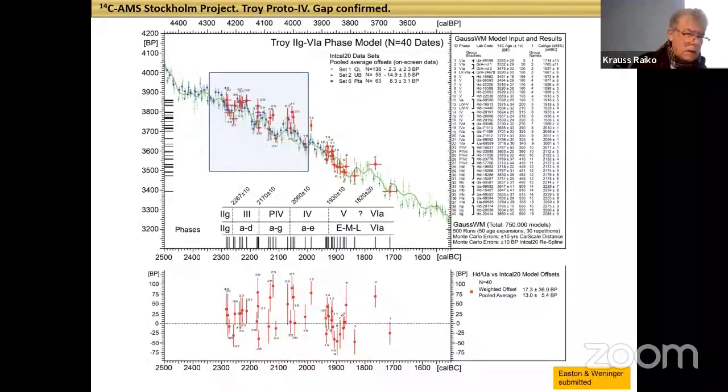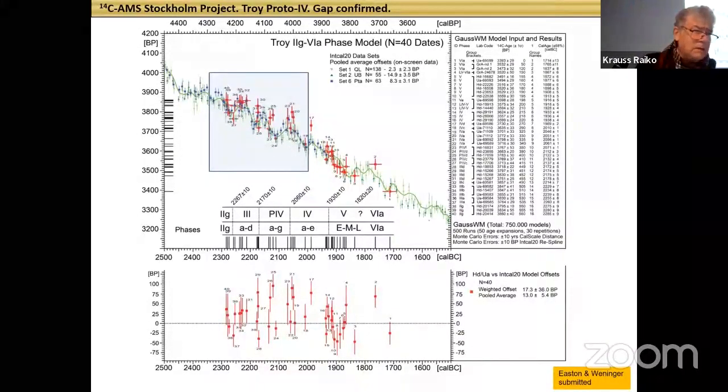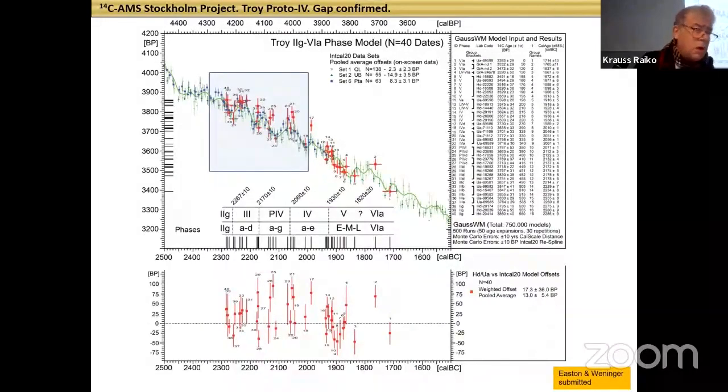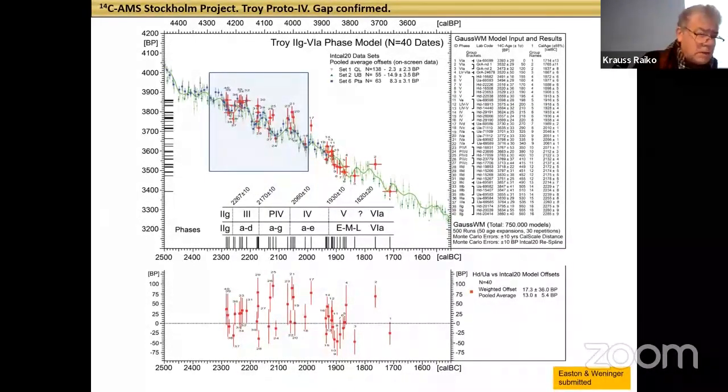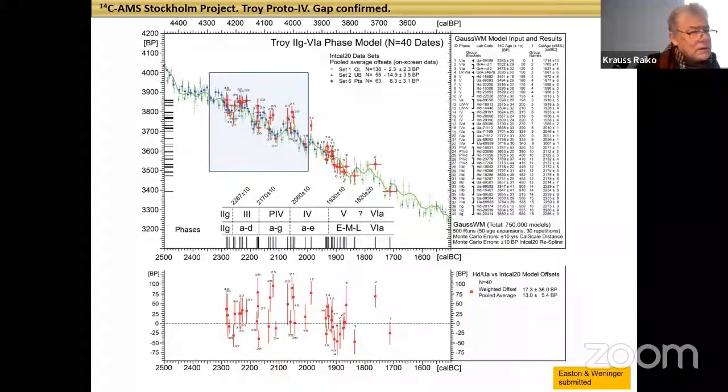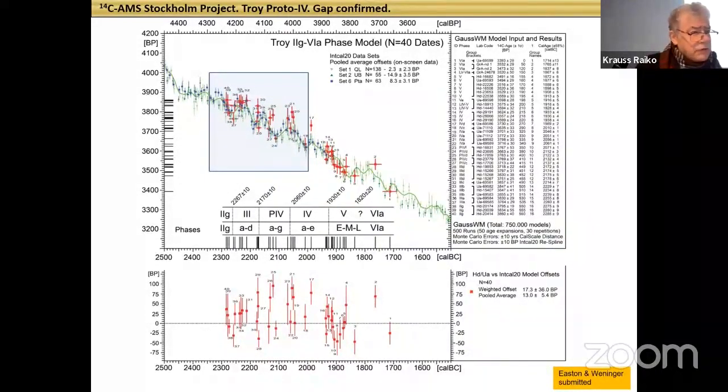We are looking very carefully nowadays at the offsets of the laboratories which participate in the calibration curve construction. It could be there are problems that we have to unify the calibration curve, not only in terms of the laboratories which are participating, but we have possible international or global differences in the contemporary radiocarbon atmosphere.